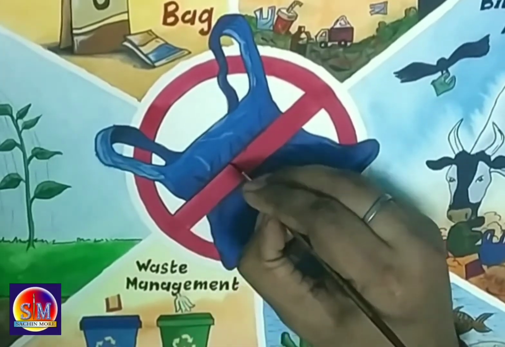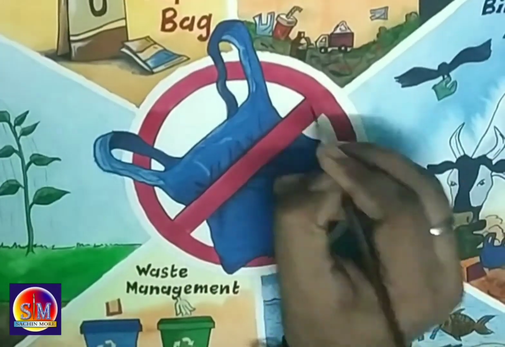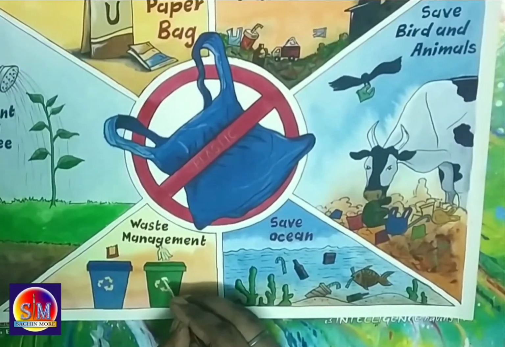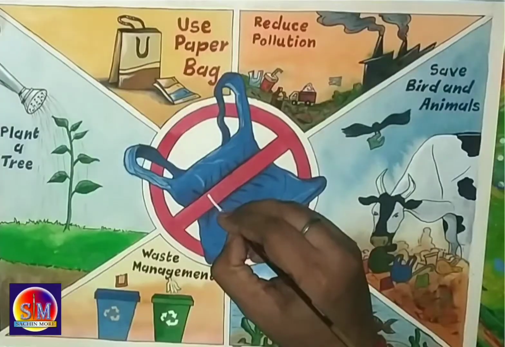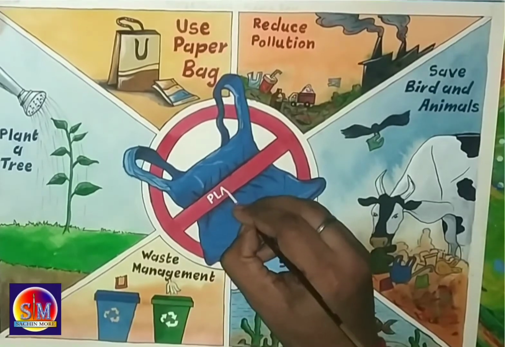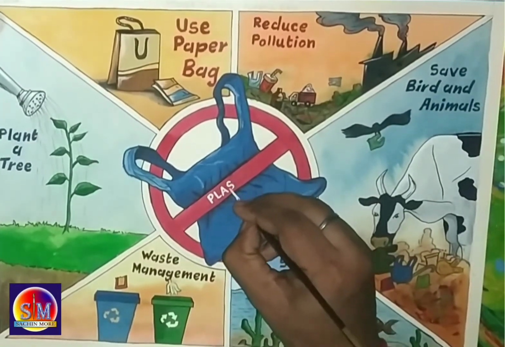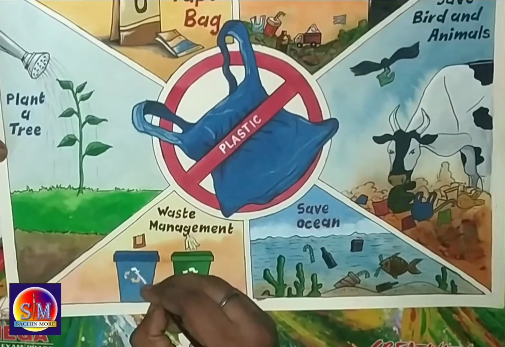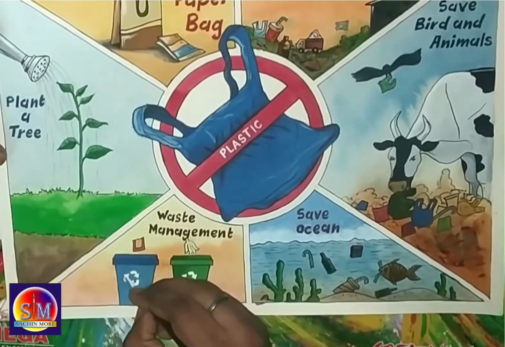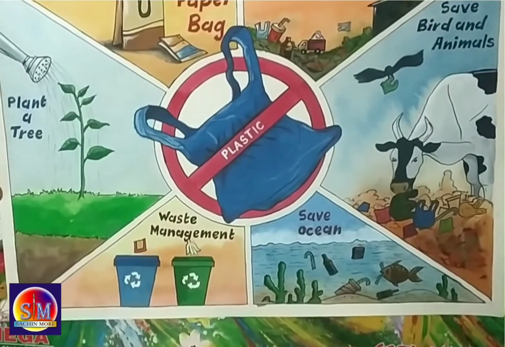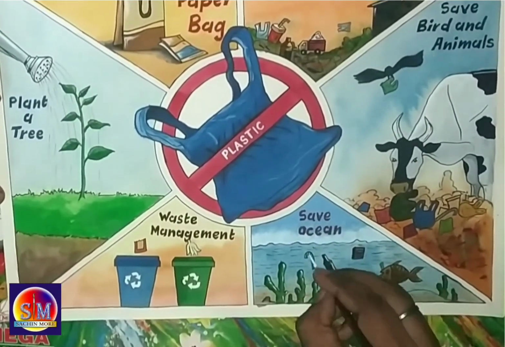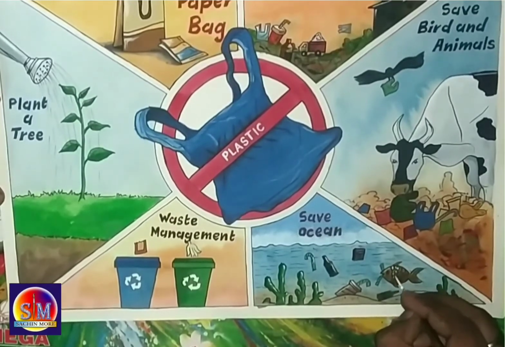Hope you understand this poster design. You can also make some topic-related posters, like on ban plastic. You can draw something like save tiger, which is also a very important topic for our India. Then save water, save our earth, topics like these you can take and make a poster related to the topic.